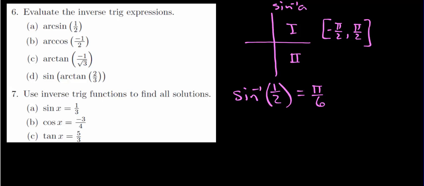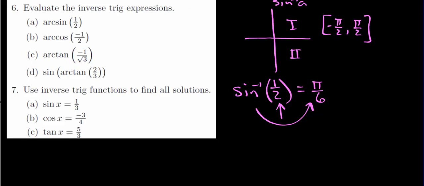Sine of 5 pi over 6 is also 1/2. However, we have to limit ourselves to values between negative pi over 2 and pi over 2. So remember, what we're saying is, what angle gives you a sine of that value? The answer is pi over 6.